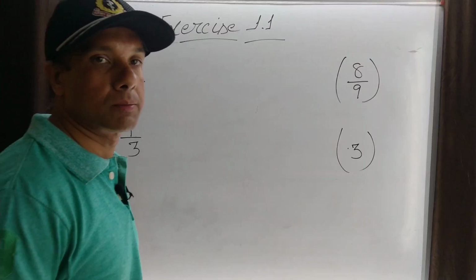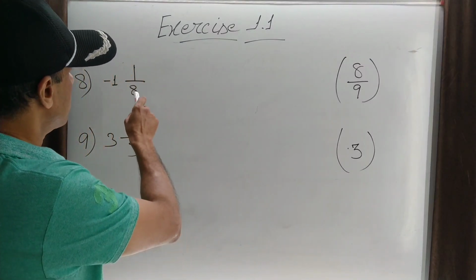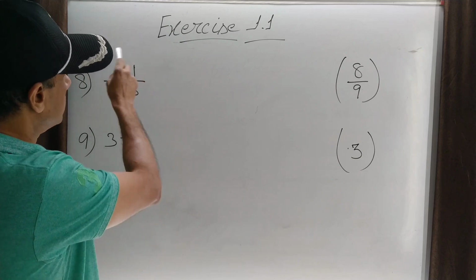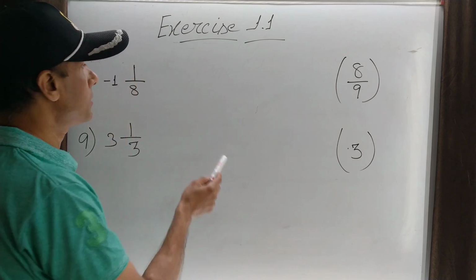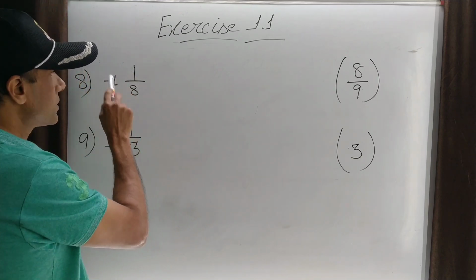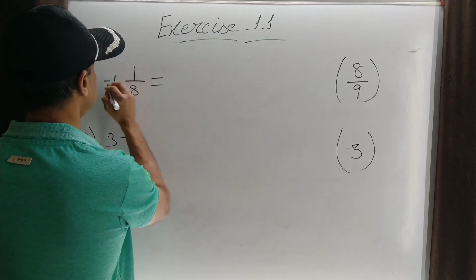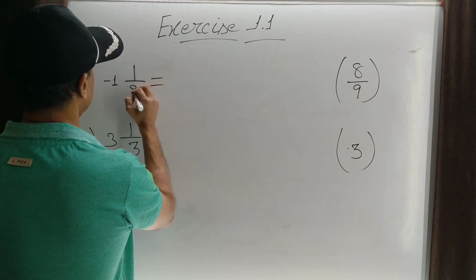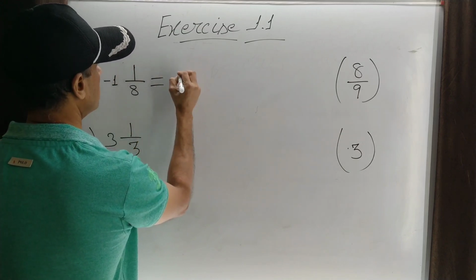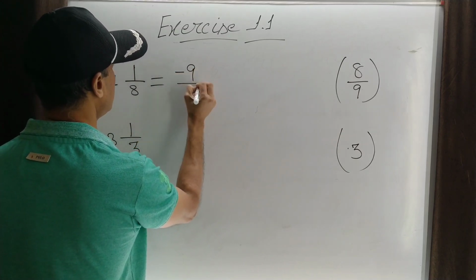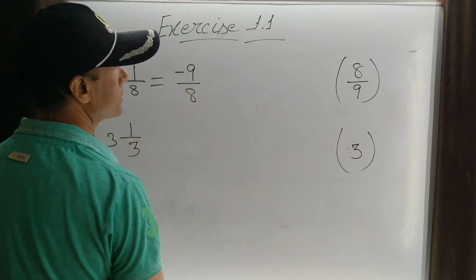Okay? So the question is the multiplicative inverse of this number. We have to check whether the multiplicative inverse of this number is 8 by 9 or not. So how do we write this? This is nothing but minus 9 by 8.